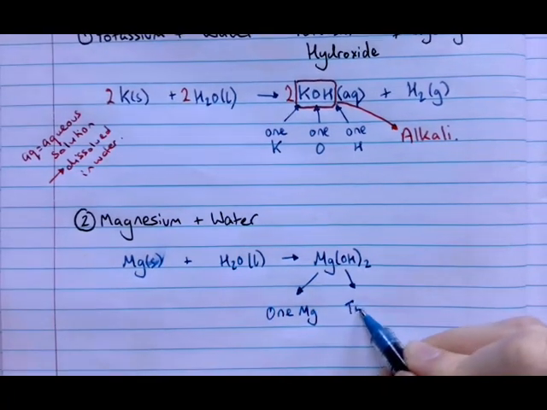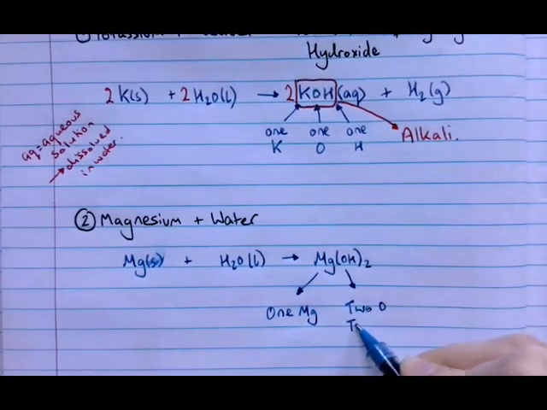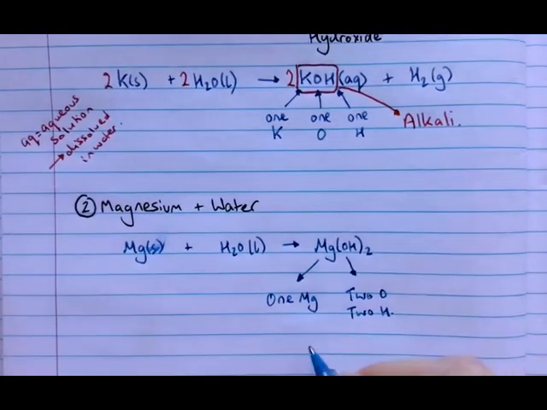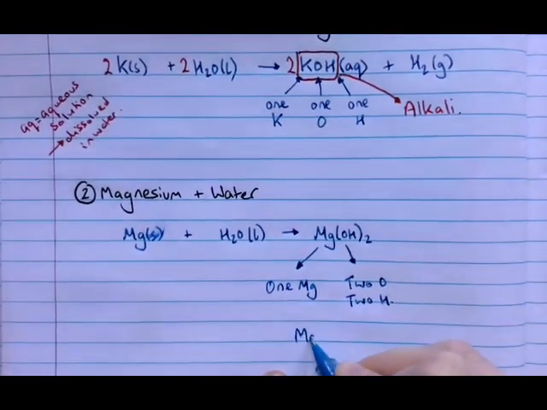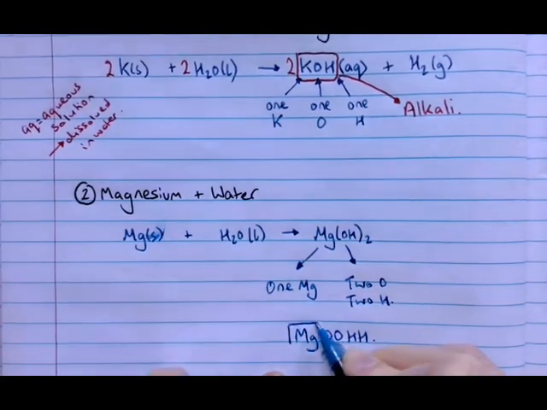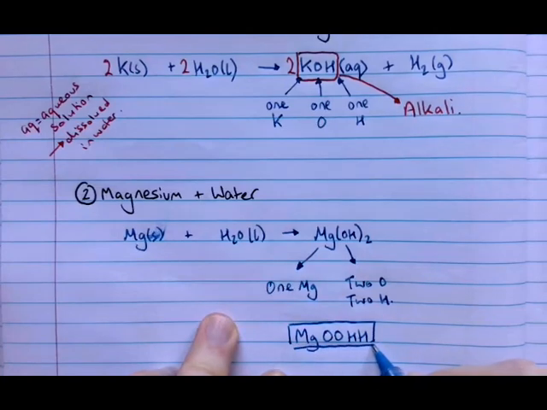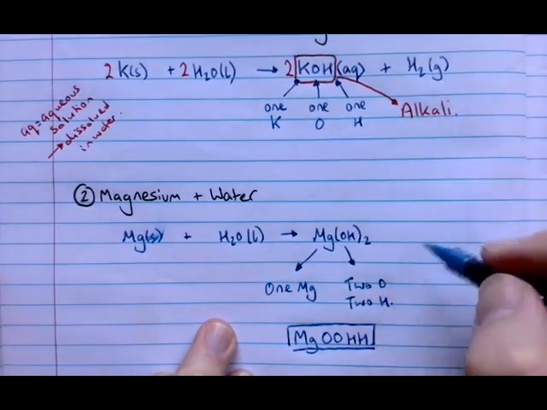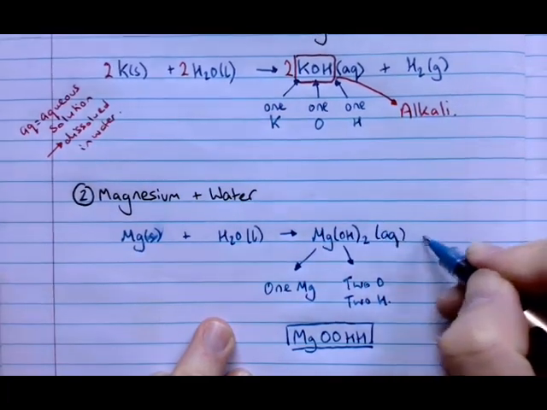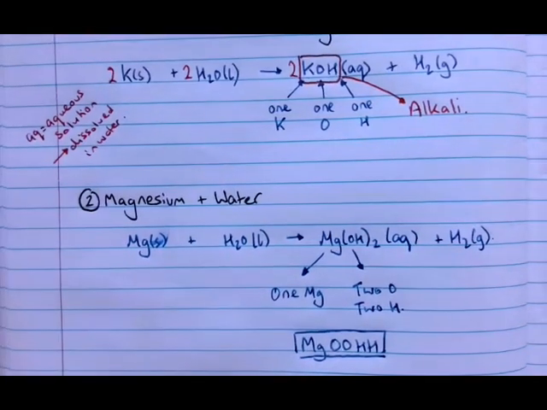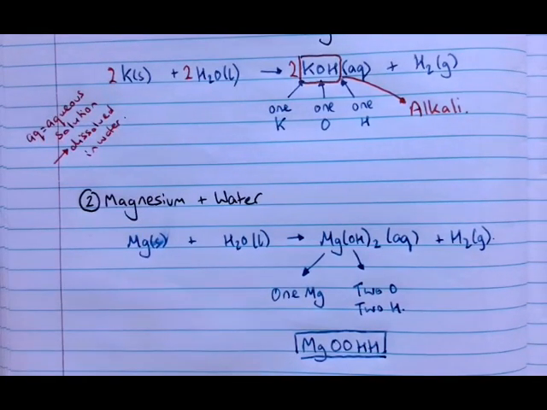So it's 2 O and 2 H. All right, so really what I've got here is Mg O O H H. Okay, and I still get my hydrogen gas. So you can now have a go at balancing that equation.